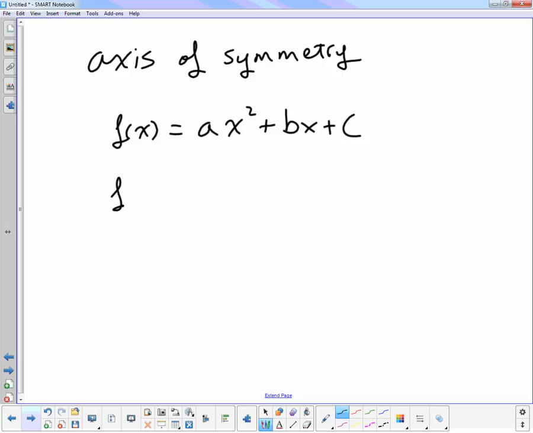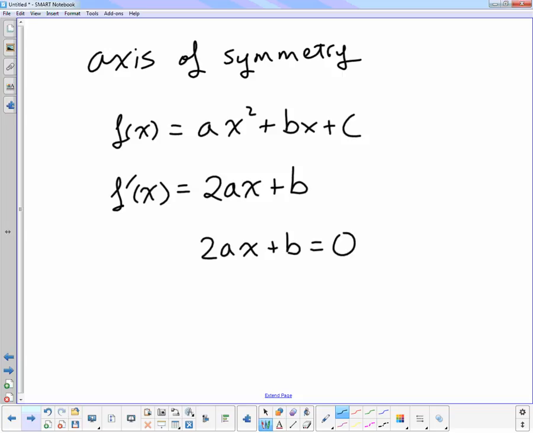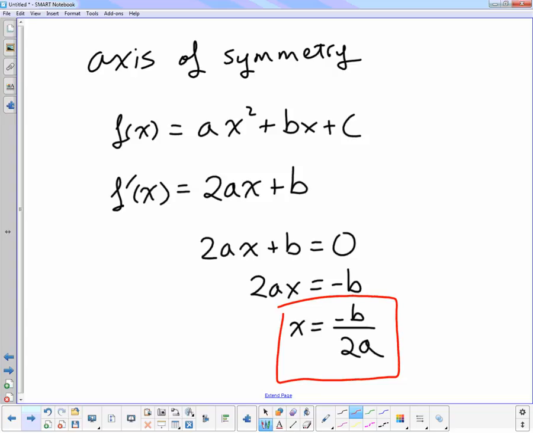That's the vertex. Your derivative is 0. So f prime of x is equal to 2ax plus b, and then we set it equal to 0 and solve. That is the equation of symmetry for a parabola, and that's why it is what it is.